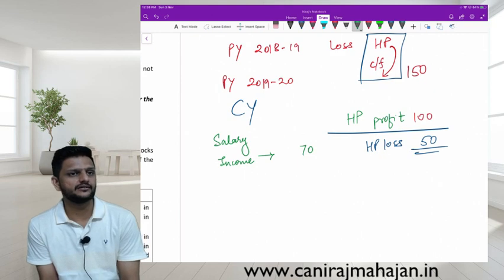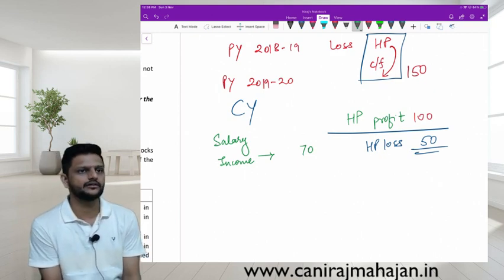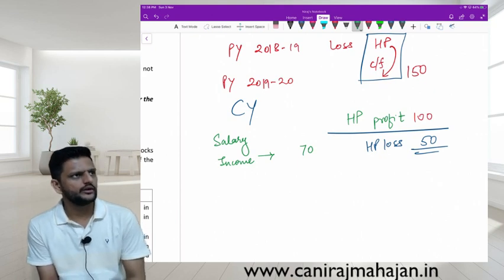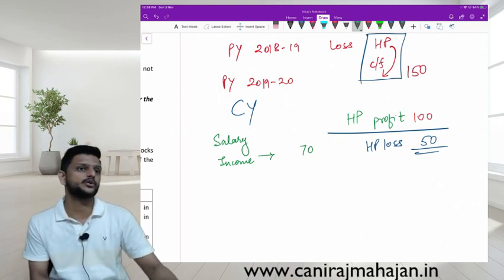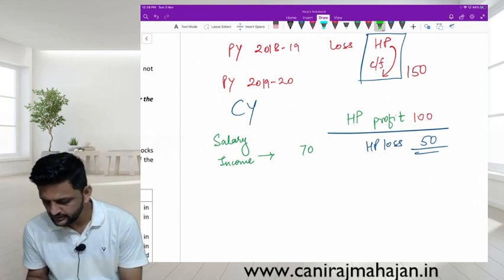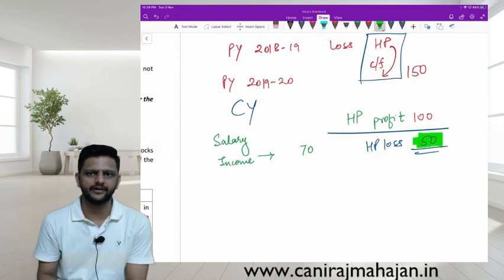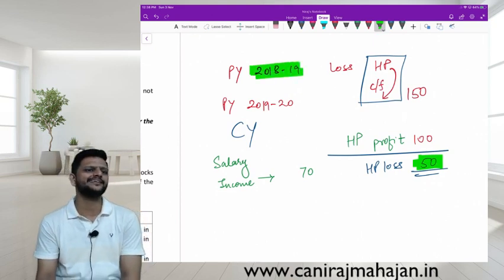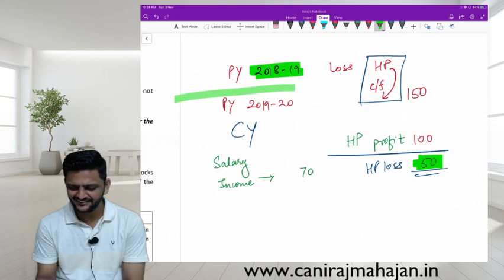Can we adjust this HP loss with salary income? No, we cannot, because now we are in the subsequent or succeeding year. What you have to understand here importantly is, this 50 still belongs to where? This 50 belongs to 18-19.